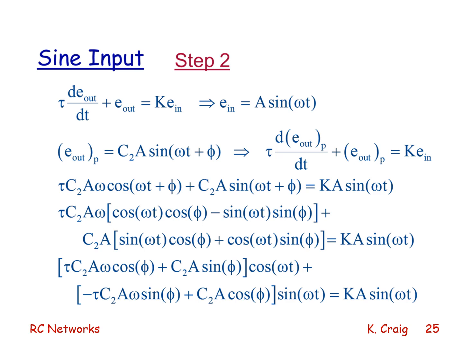So after substitution, I follow these steps, and I'll leave it to you to follow through the mathematics. That's not what's important here. What's important here is the result, and most importantly are the Bode plots that we see for a first order linear constant coefficient ordinary differential equation, a linear mathematical model of a first order system.